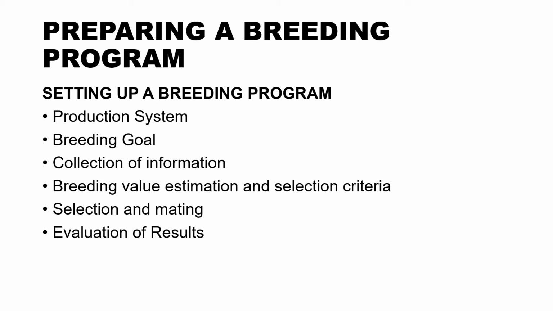So, like for example, if you are into a multiplier farm, if yung production system mo lang is yung pagkuha or pag-produce ng mga piglets, mga winners. So, yung gusto mong traits or yung mga information na kailangan mong i-collect in relation to their traits is yung mga farrowing index, litter index, mortality of the mga winners mo, mga ganun.